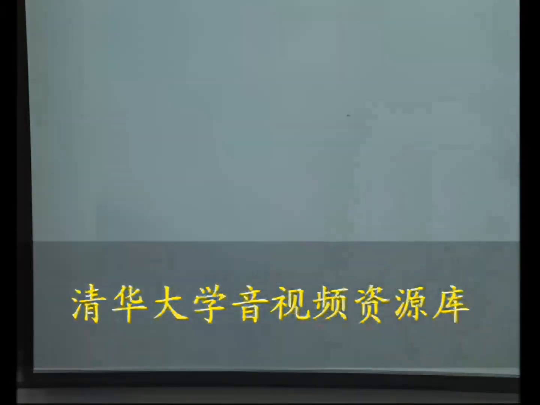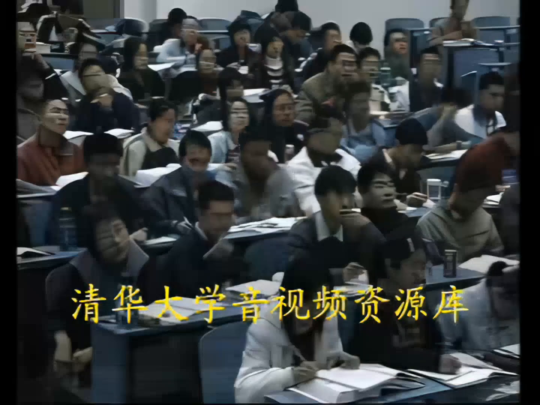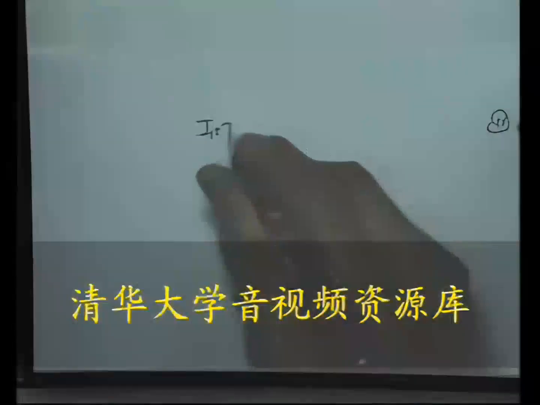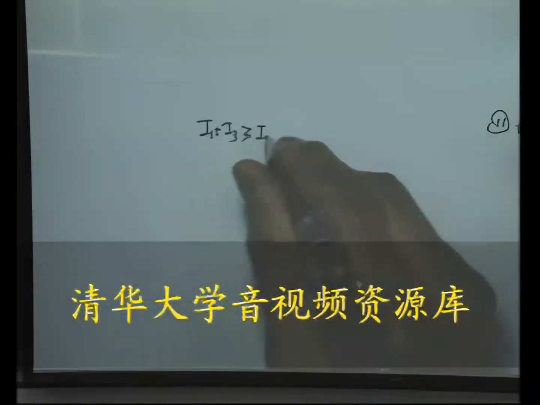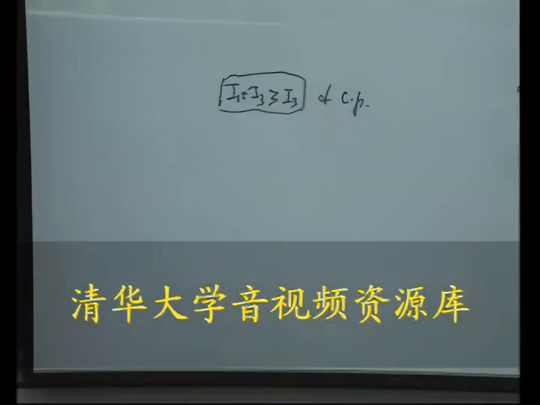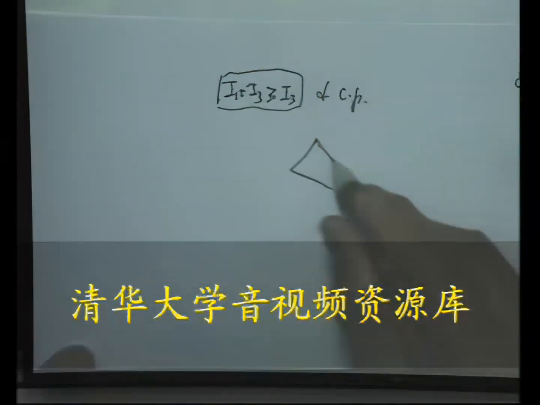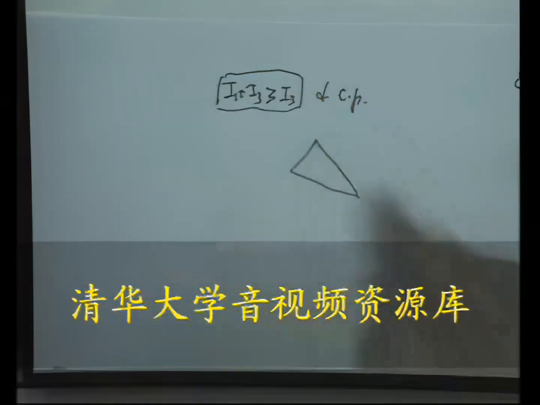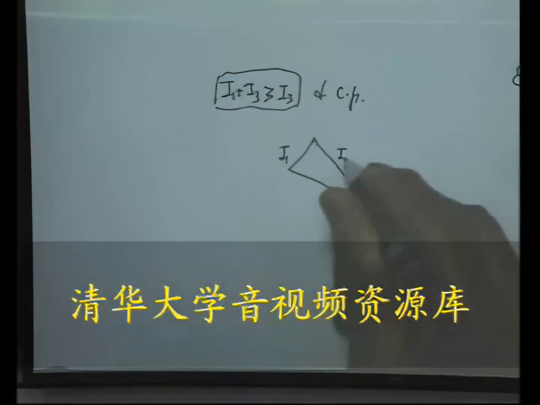So we know that the three principal axes of the inertia satisfy the identity I1 plus I2 is greater than or equal to I3, and cyclic permutation. What that means is that I1, I2, I3 form a triangle. Any three real positive numbers satisfying this kind of equation can form a triangle.